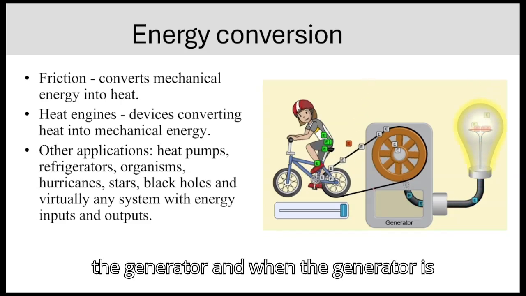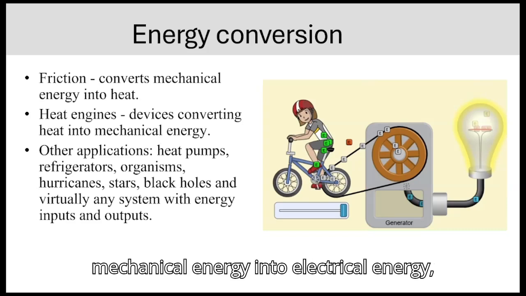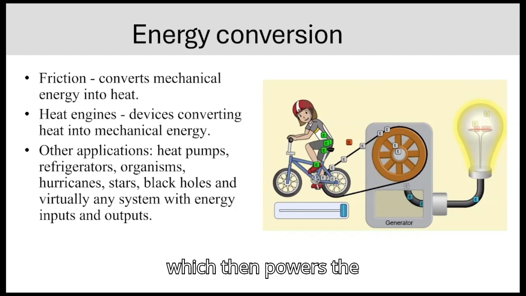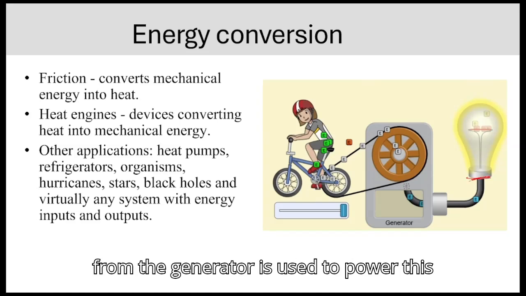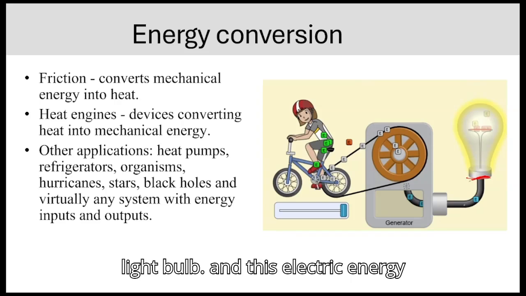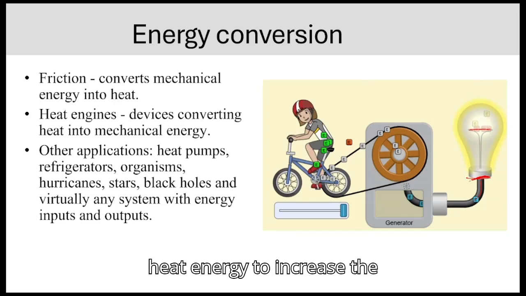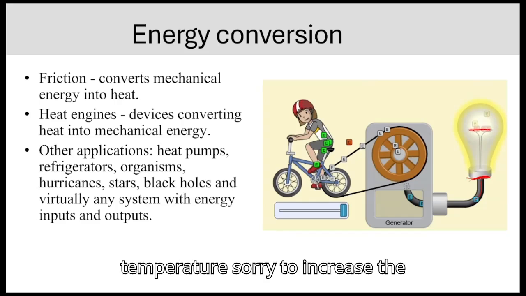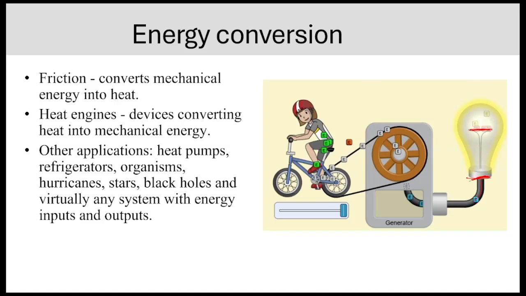And when the generator is rotated, the generator converts the mechanical energy into electrical energy, which then powers the light bulb. Here, the electrical energy from the generator is used to power this light bulb, and this electric energy is converted into heat energy to increase the temperature of this filament.